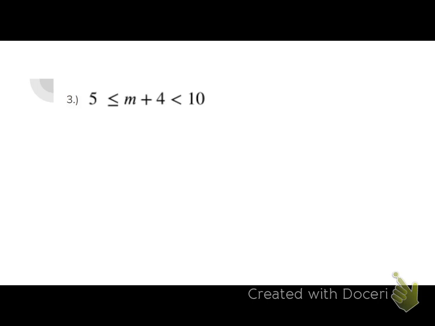All right, let's try another one. This one, you might notice from the beginning, one of these symbols has a bar, the other does not. That means one of our circles will be filled in and the other one will be open.